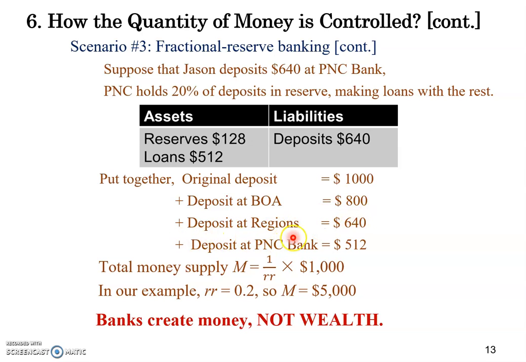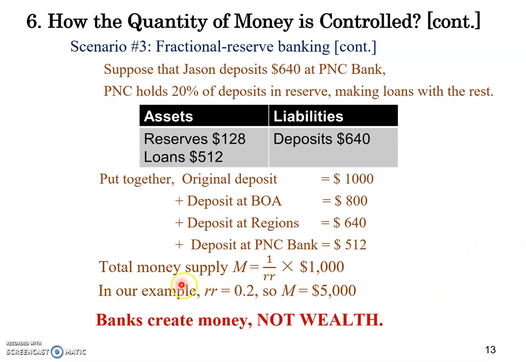And then the deposit at Regions is $640. Then the deposit at PNC Bank is $512. So if we add up all of these deposits, we would be able to find the total, if this goes on and on and on. So it's 1,000 plus 800 plus 640 plus 512 plus 512 times 80%, right?